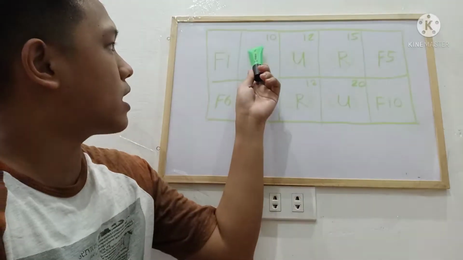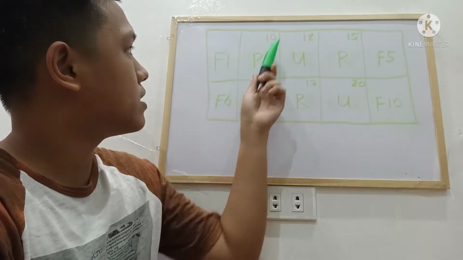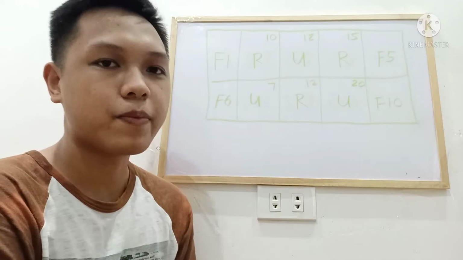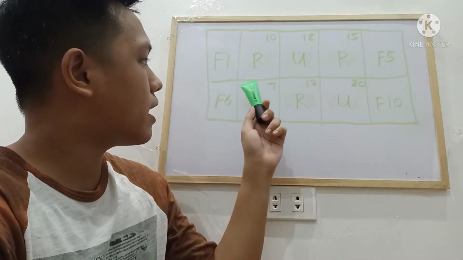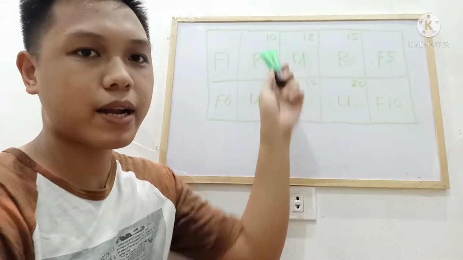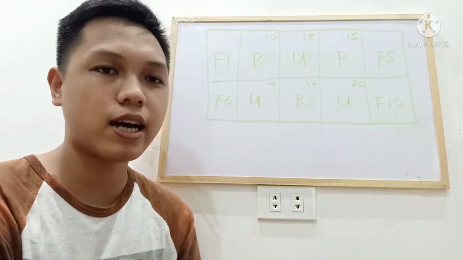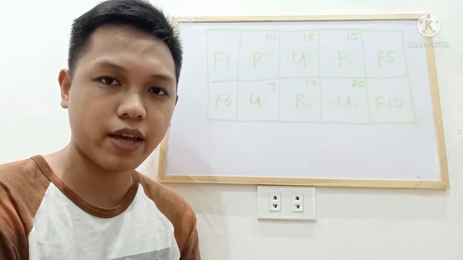For example, the ridge count in the index finger is 10, in the middle 12, 15, and so on. We put this at the top right corner of the box. And also, what do we put on the classification line?